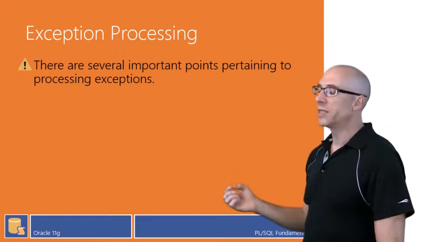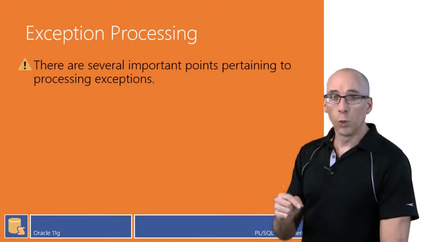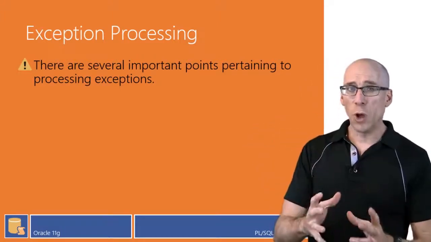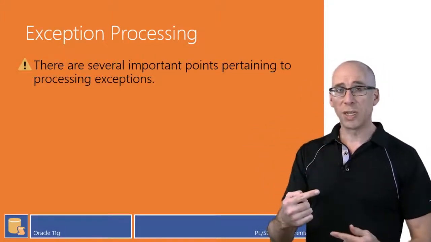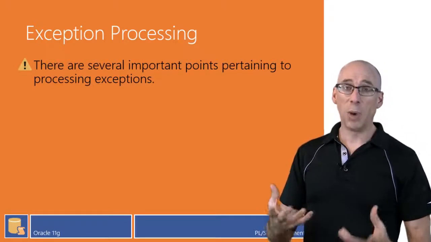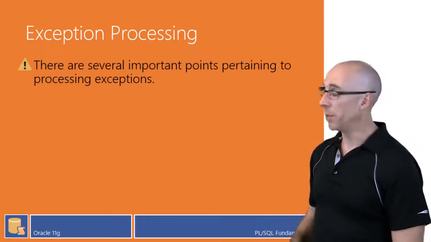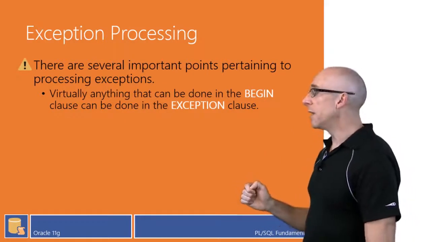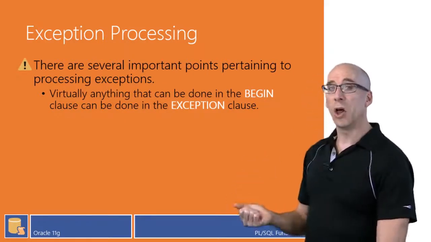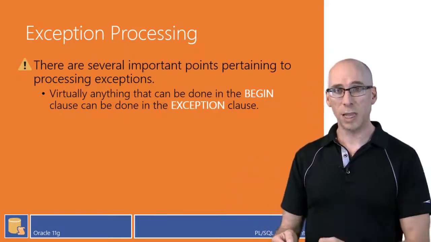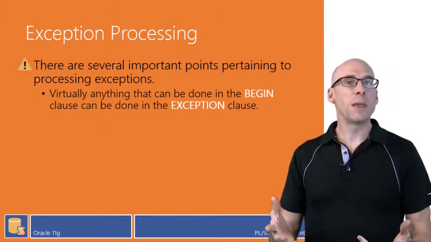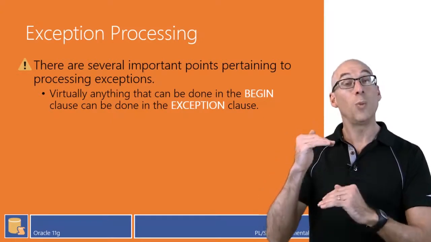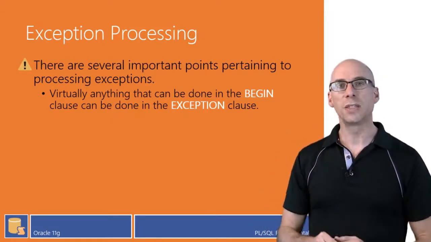Now the exception process, there are some rules that you need to understand. And if you don't understand these, make sure you watch this again. They're really not that bad, but I want you to understand this part. First and foremost, virtually anything that can be done within the begin clause can be done within the exception clause. Because if you think about it, the begin clause is where we actually start writing our code. Well, we can do the exact same thing within the exception clause.